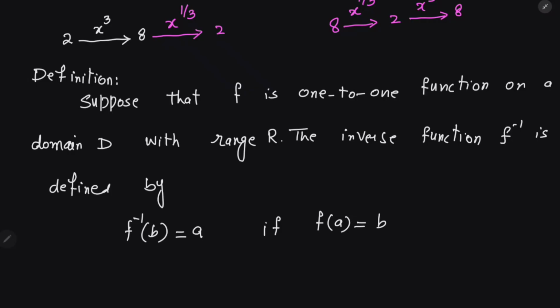There is one very critical condition for inverse function, and that condition is one-to-one, that we already discussed in the previous video.